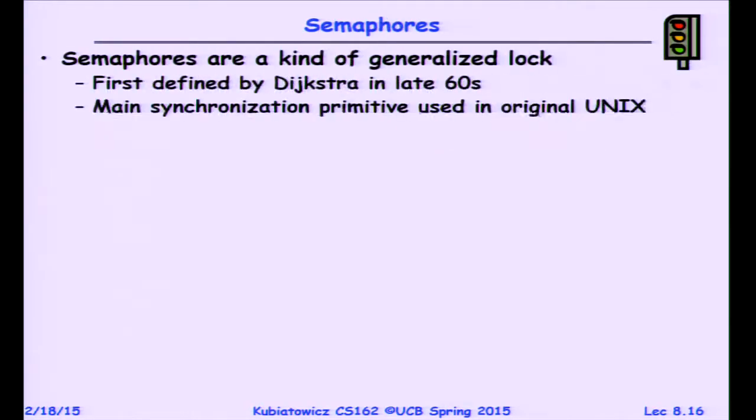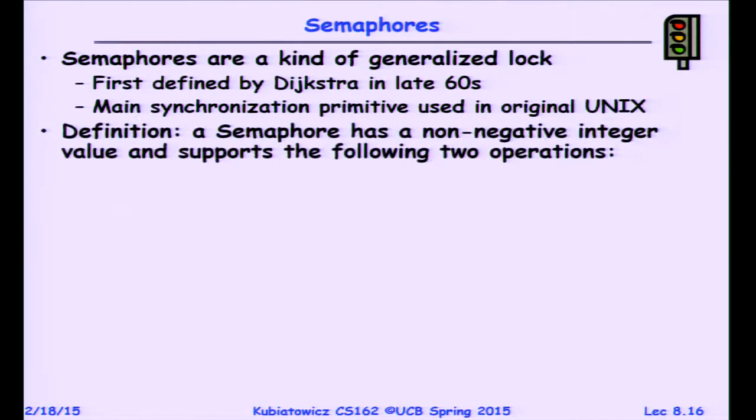So one thing which now you're increasingly familiar with is a semaphore. A semaphore was first defined by Dijkstra in the late 60s, and it's basically the main synchronization primitive in the original Unix and a lot of operating systems, including Pintos. Okay? And what is a semaphore? It's a type of integer almost.